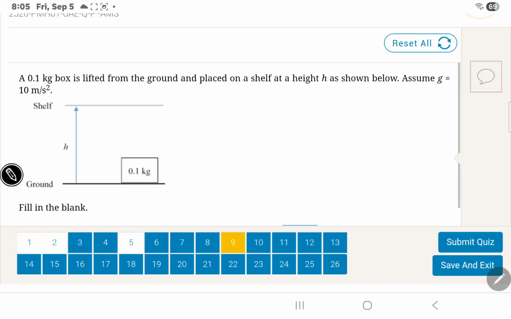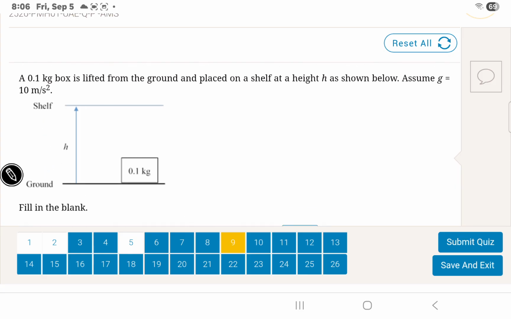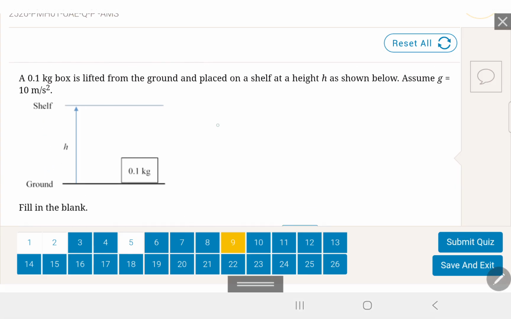A 0.1 kilogram box is lifted from the ground and placed on a shelf at a height h as shown below. Assume g equals 10 meters per second squared. Fill in the blank. So to fill in the blank here, we need the height. We know that work done is equal to mgh, or also we can say gravitational potential energy is equal to mgh.